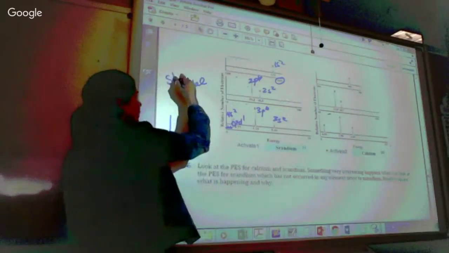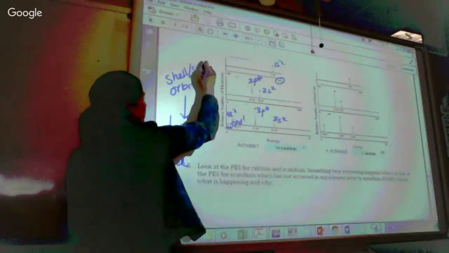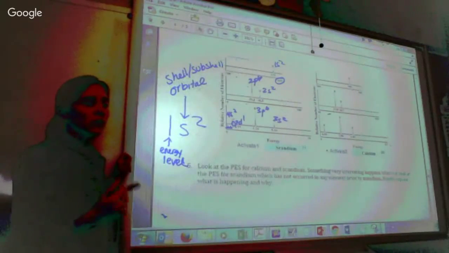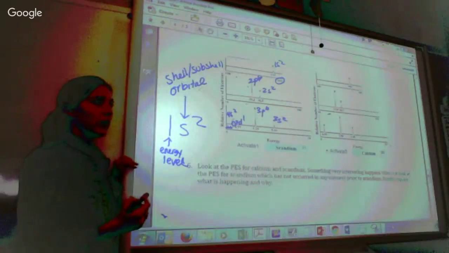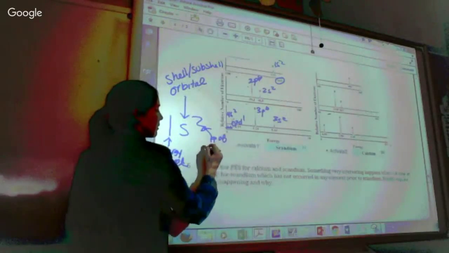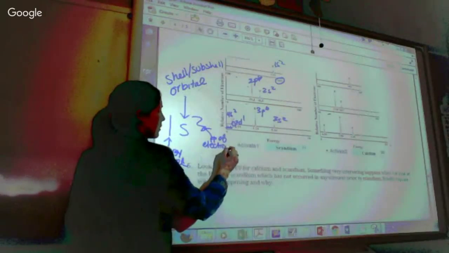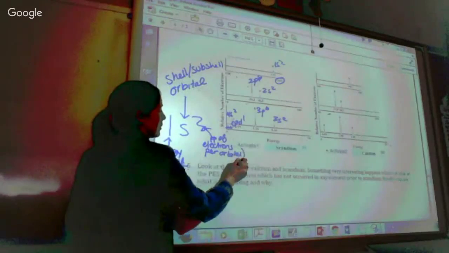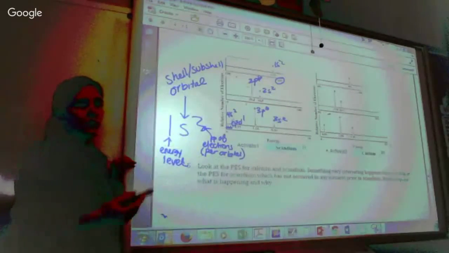Sometimes it's referred to as your shell or your subshell, but orbital is probably the most common one. And then 2 is going to be your number of electrons, and remember, that's per orbital, because it's talking about how many are specific to S.